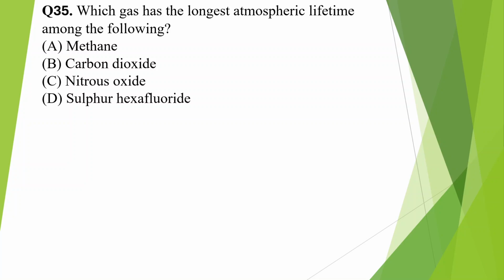Out of the 4 gases mentioned, this has the longest atmospheric lifetime. Option D is the correct answer. So only Harshada has given the correct answer, and the others have marked it incorrect or left question number 35. Is it clear to all of you? Can we move to the next question?